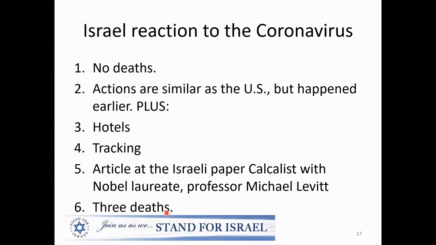Actions are still very similar to the US, but happening much earlier. I talked about Israel utilizing hotels, where they convert a whole hotel so that people who have the virus are staying there. That hotel is only for that. It's almost like a hospital for people that just need to be quarantined.